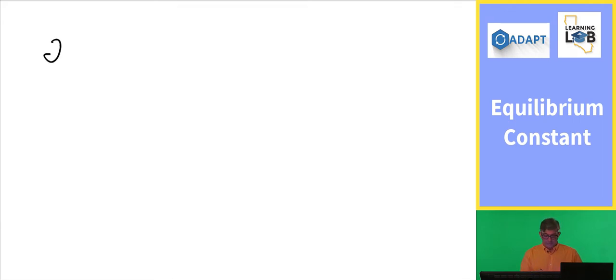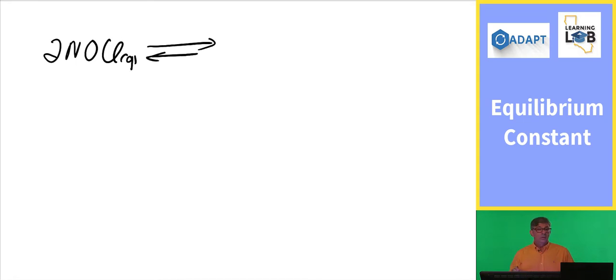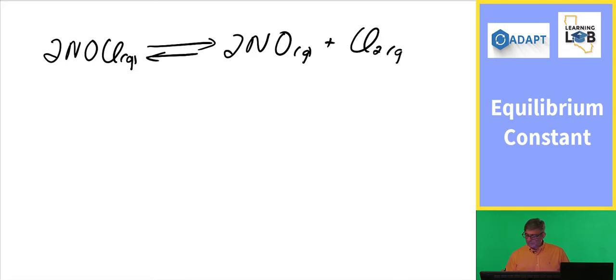So what we do is write down our reaction, and the nitrosyl chloride decomposes to nitrogen monoxide and diatomic chlorine. And what we'd like to identify is the equilibrium constant associated to the process once it's at chemical equilibrium.